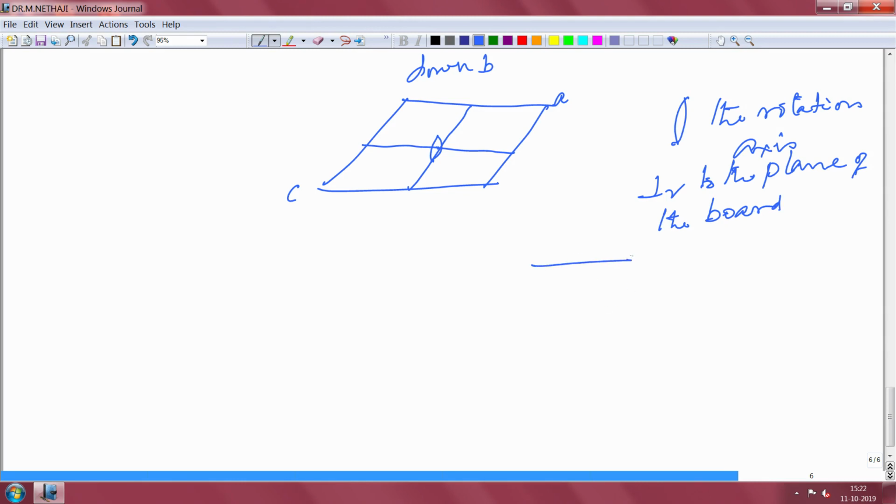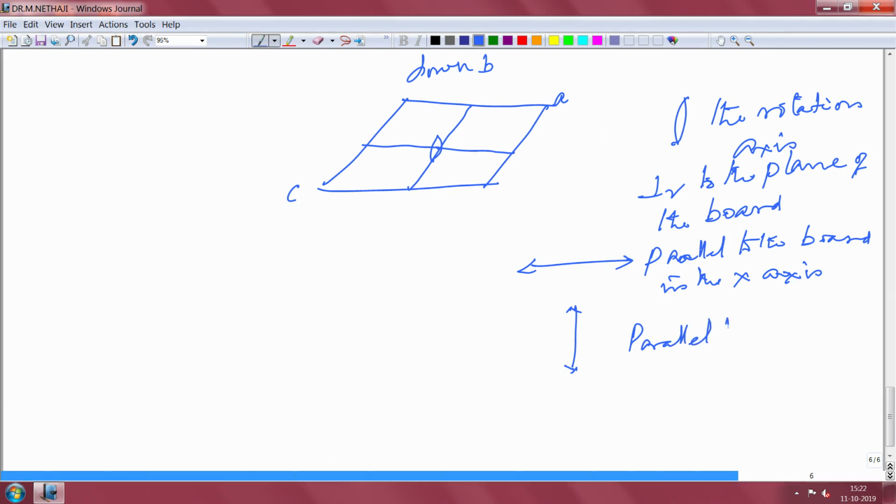When we write this way, it is parallel to the board in the x-axis, or when you put it this way, again it is parallel to the board in the y-axis.